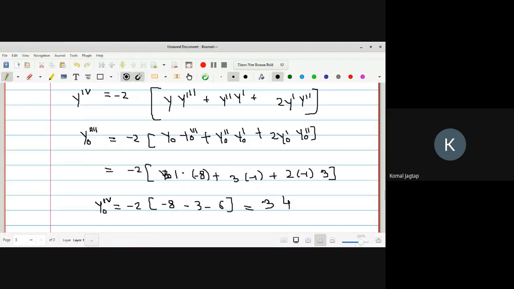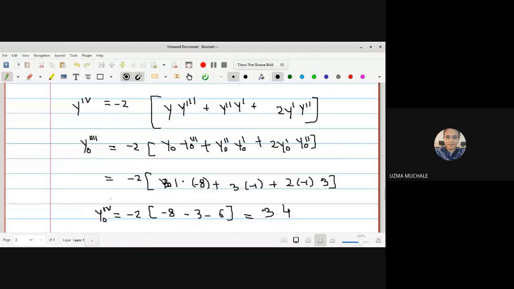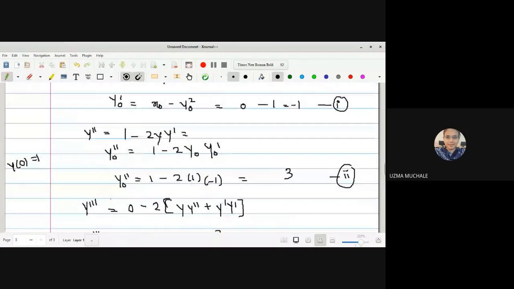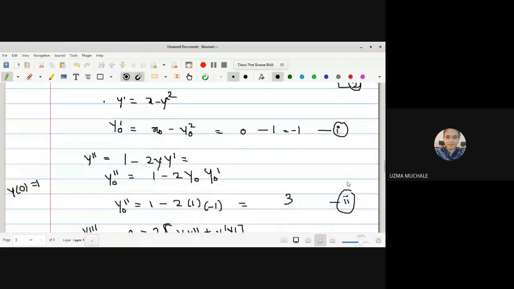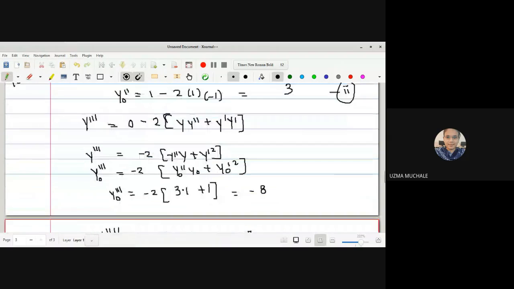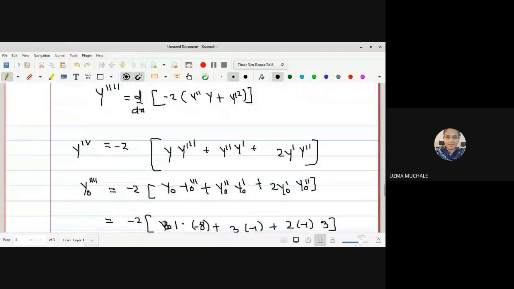Yes, ma'am. Then up to this one, what we have to do? We have to substitute all this. This is small equation 1, that is y naught dash, y naught double dash. Next, we have to put y naught triple dash and y naught raised to 4.